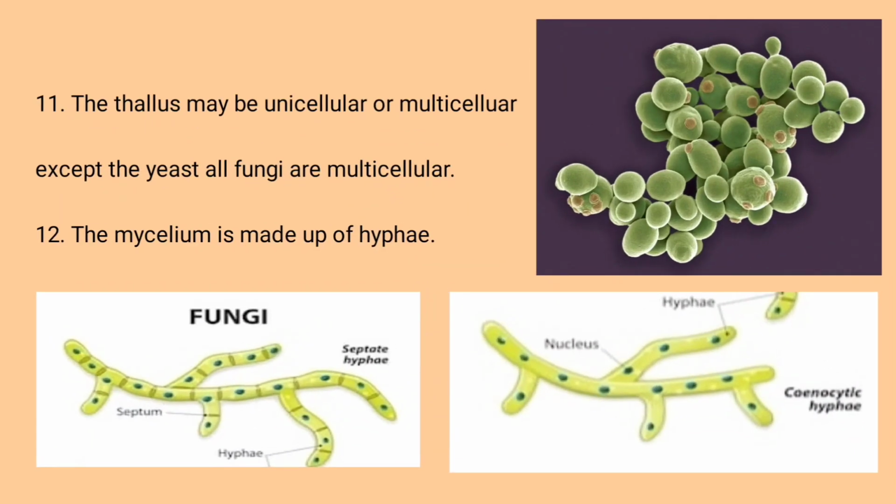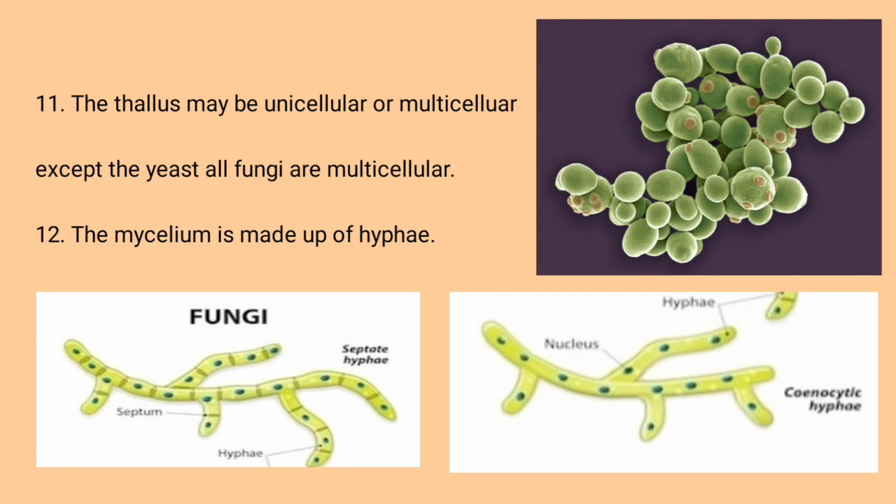The thallus may be unicellular or multicellular. Except for yeast, all the fungi are multicellular. It means only yeast is made up of a single cell, and all other fungi are made up of more than one cell, so they are multicellular. You can see this unicellular structure, a yeast colony.